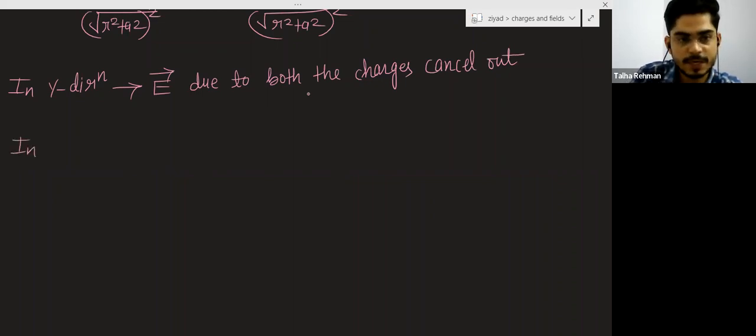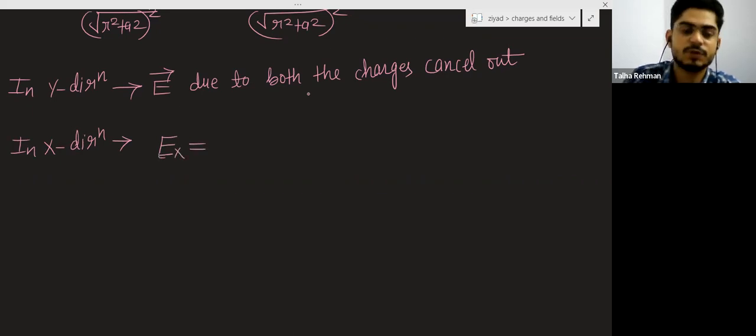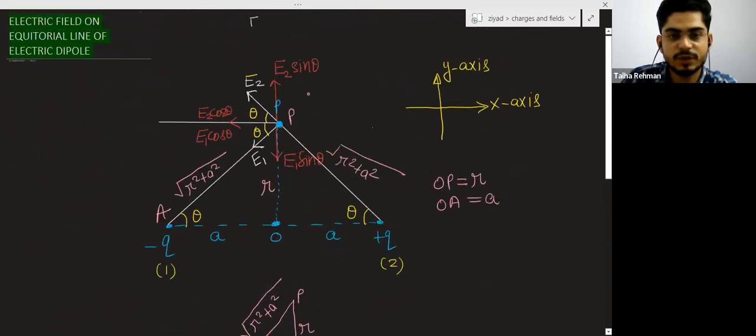So in X direction, we have net electric field. Ex is equal to, we add these two electric fields, E1 cos theta plus E2 cos theta, because they are in the same direction.